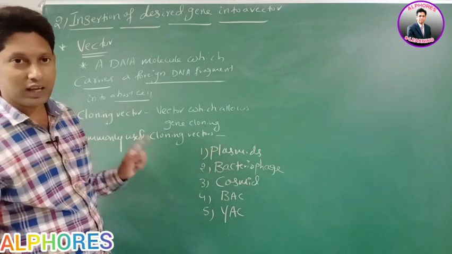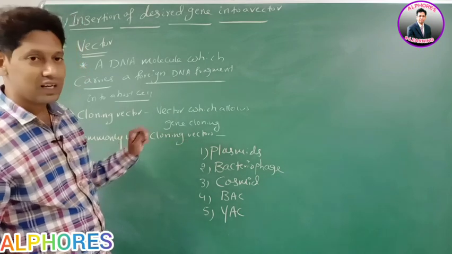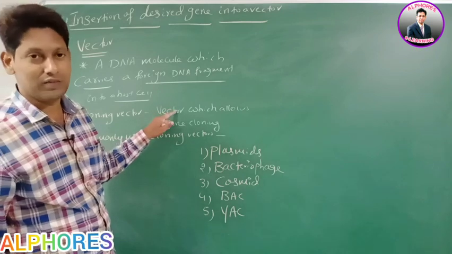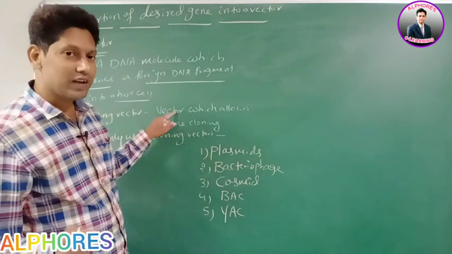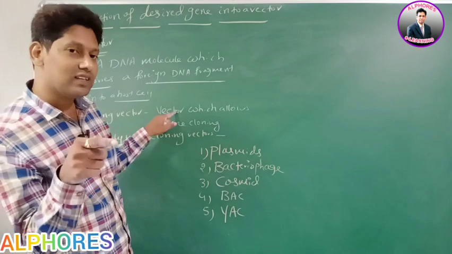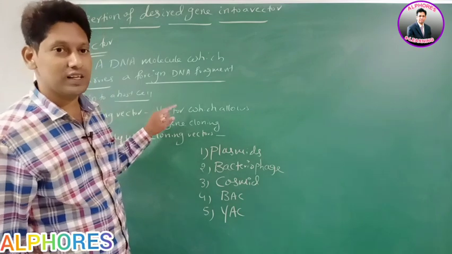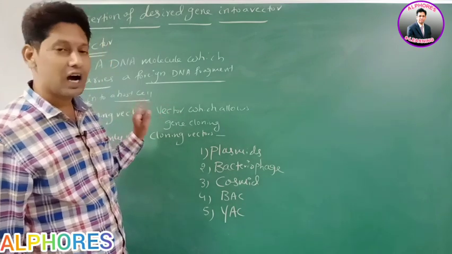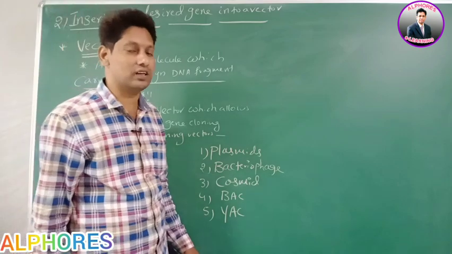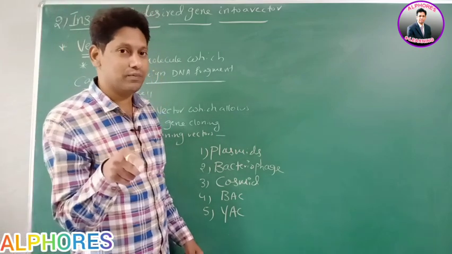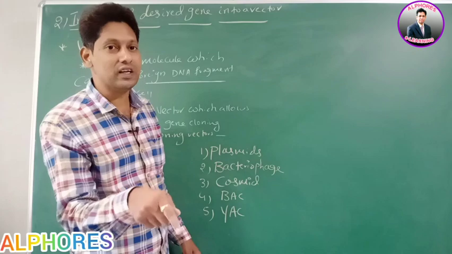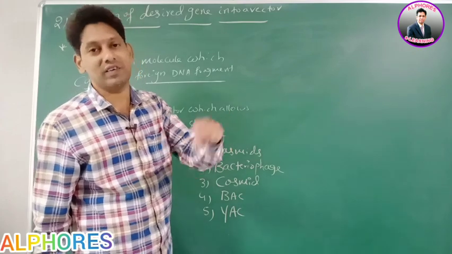Is this statement okay? Sir, cloning vector means what, sir? A vector which allows cloning. Sir, when does cloning take place? After inserting the desired gene. After inserting what? Desired gene. Sir, what should the size of the desired gene be to insert it inside a vector?